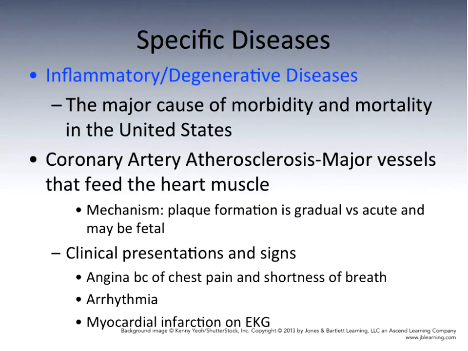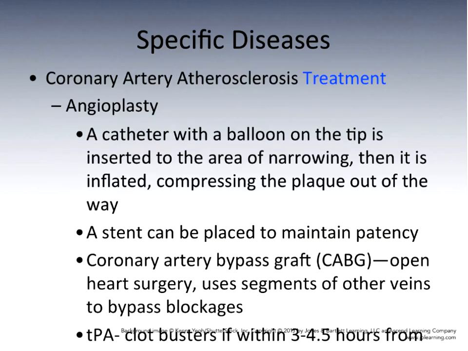And the mechanism you already know, it's a plaque formation. It may be fatal if it's acute. Clinical presentation is a gradual increase starting from angina, to arrhythmia, to MI, myocardial infarction.